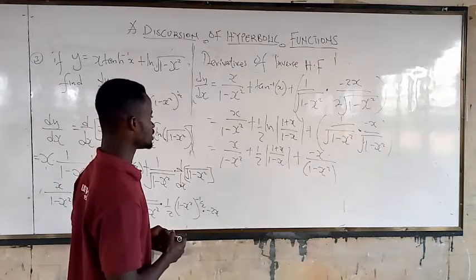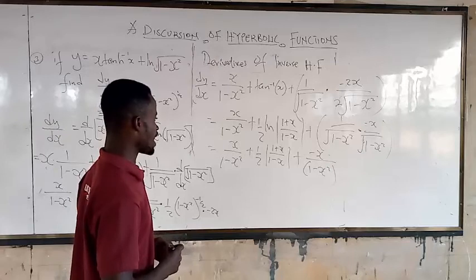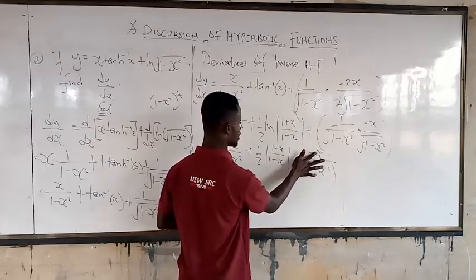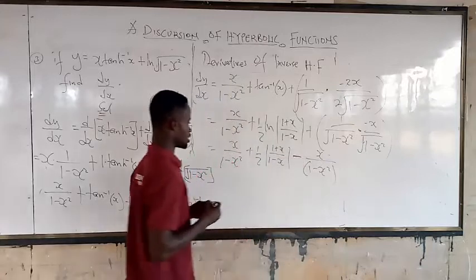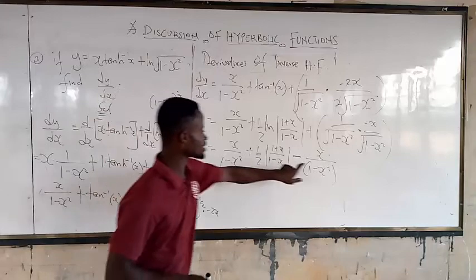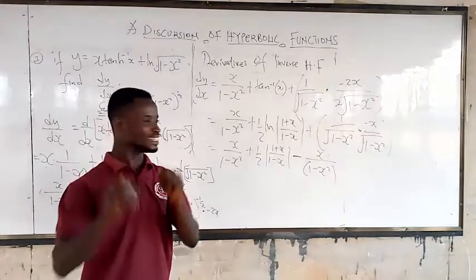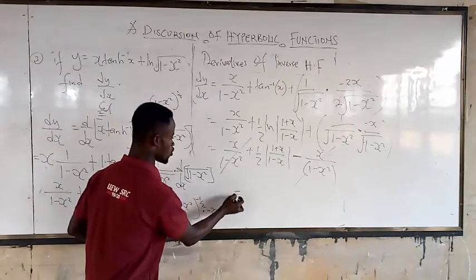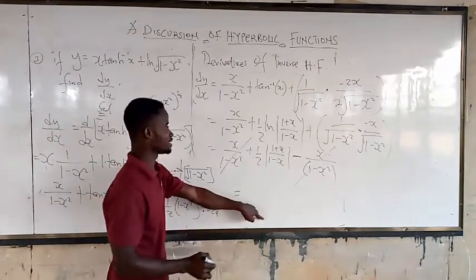So here, we can now combine. You know that here will be negative, okay? So the negative of this will come here. And you see this can cancel this. Clearly, you can see that this will take away this. And therefore, we'll be left with tan inverse.